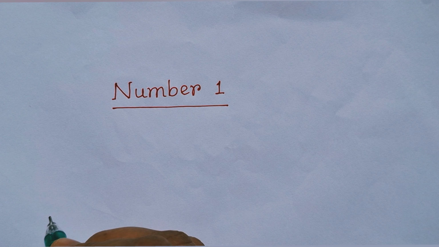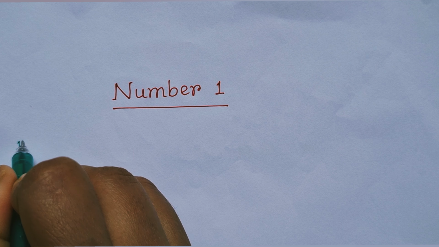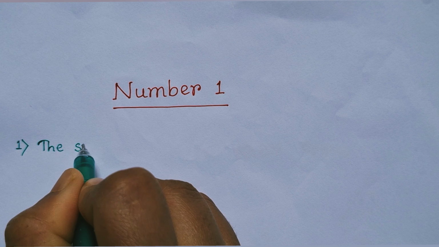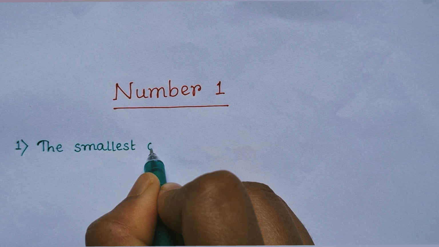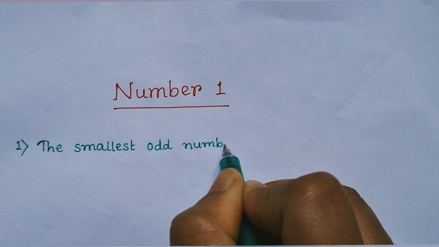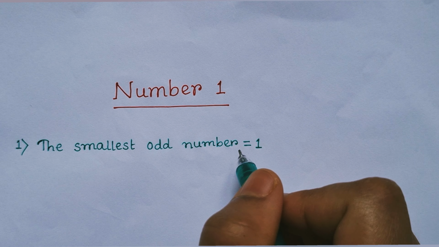So the first universal formula is the smallest odd number is 1. So 1 is the smallest odd number.